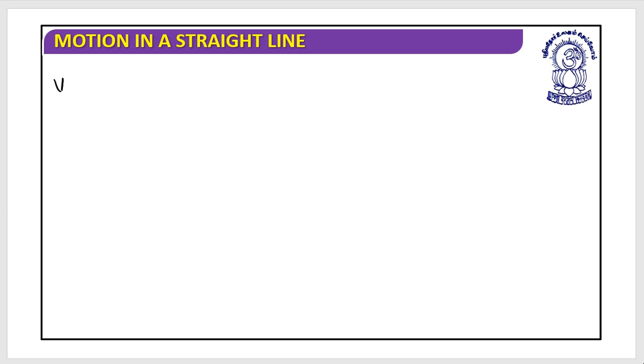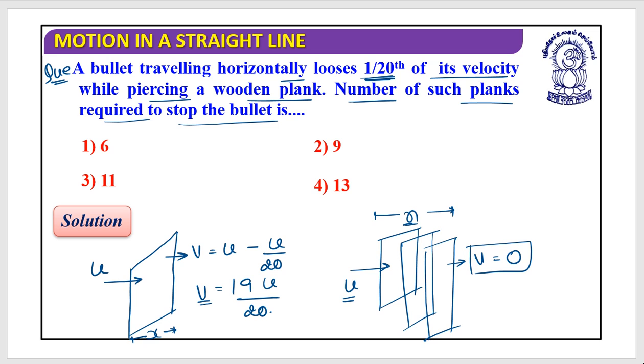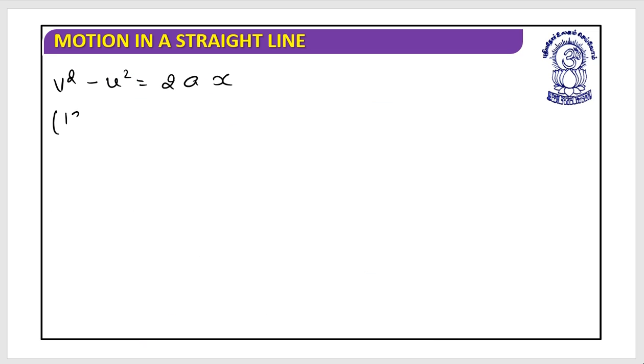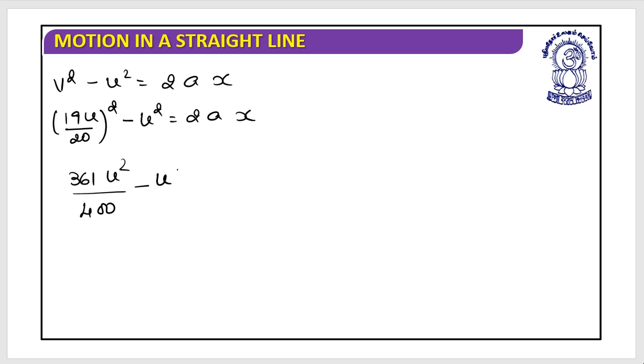What I can do is, I know that through each plank, v square minus u square equals 2ax. So for one plank, my final velocity would be 19u by 20. So this is (19u by 20) whole square minus u square, equals 2 into a into x. 19 square is 361 u square, divided by 400, minus u square, equals 2ax.